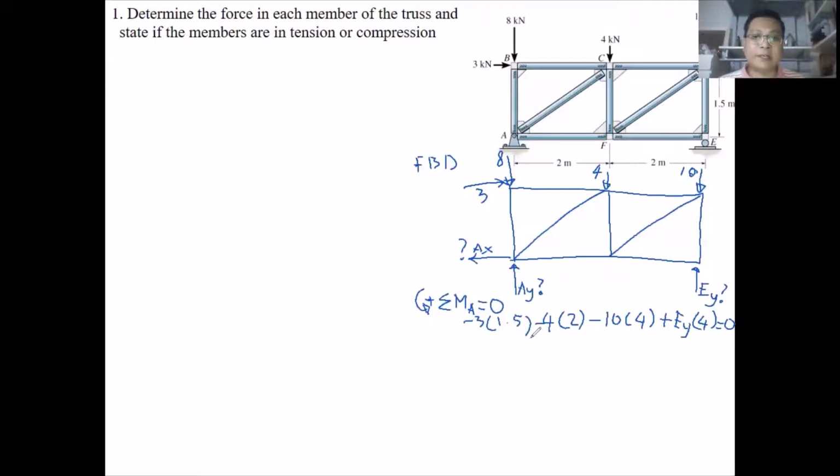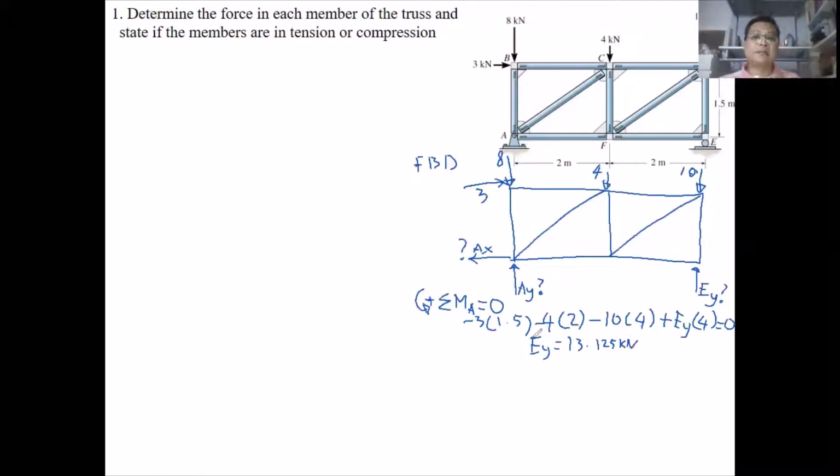And then we can carry out the unknown EY, based on our calculation here, so we got 13.125 kilonewton.